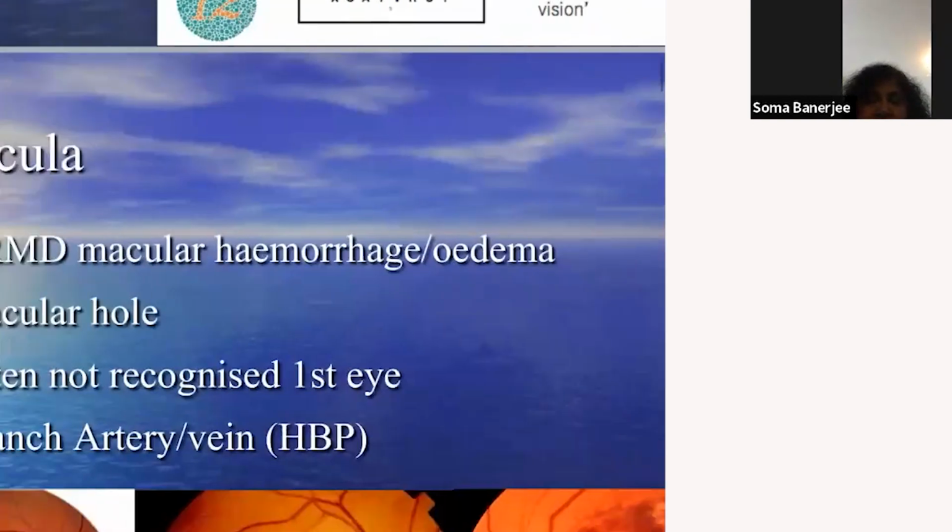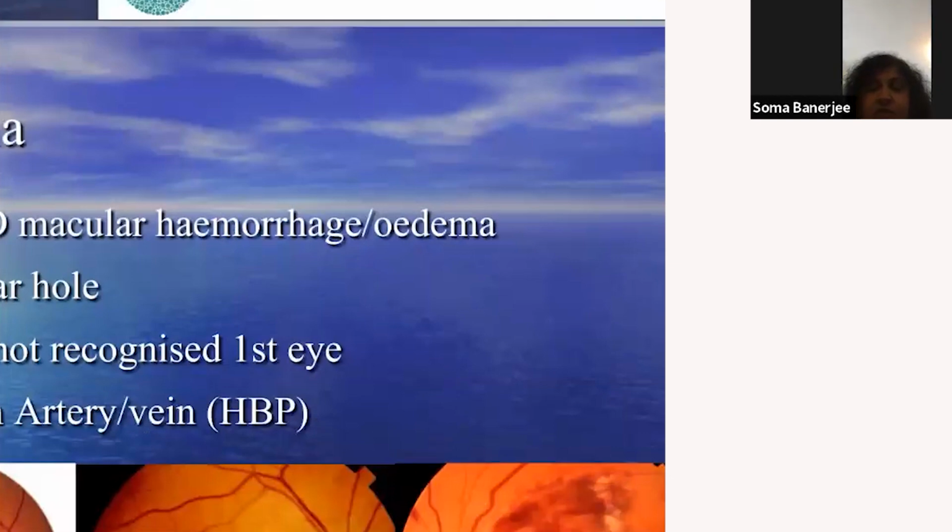The right-hand side shows multiple nerve fiber layer hemorrhages extending from the superotemporal vein. So this is a macular retinal vein occlusion, and the hemorrhages reach the macula itself. There's probably fluid around the macula itself, and these vascular changes will cause visual damage. Some of this recovers spontaneously.